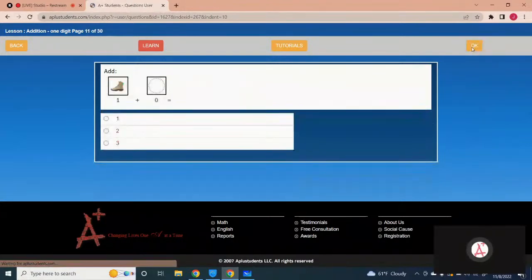Very good, Alex, and very good, BC. Okay, 1 plus 0 makes 1. Very good. So select the correct option and click on the OK button.